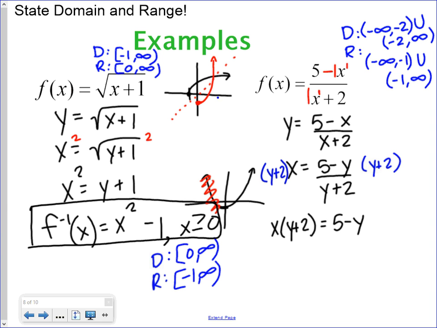Again, put your focus on trying to get y all by itself. Add y to both sides. So now it's kind of like when you think back to multi-steps in Algebra 1, you want all the x's to be on one side, you want all the numbers to be on the other side. So we could add y to both sides.